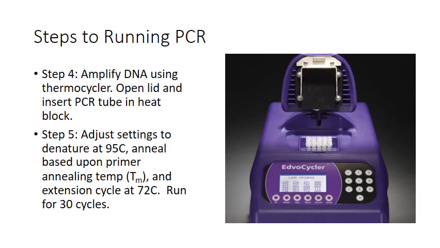Then we're going to place it inside our thermocycler. The ones that we have have this magnetic lid, and other ones need oil and stuff like that to keep an even temperature across the PCR tubes. This one is pretty fancy, and you don't have to have any of those.